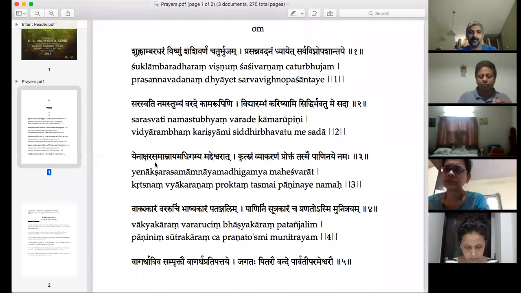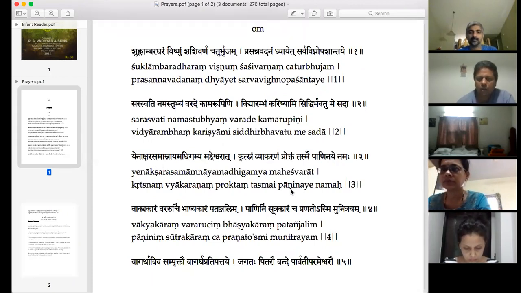Akshara Samamnayam is another. And the third word is Adhigamya. So when we chant, we will chant it as Yenakshara Samamnayam Adhigamya Maheshwarat. So that is how you have to split it.